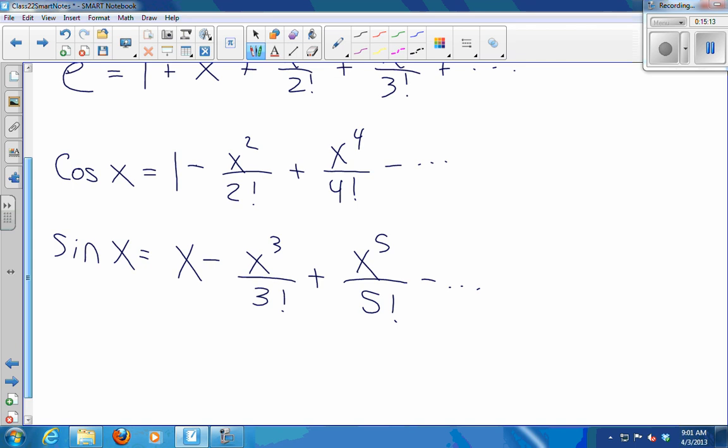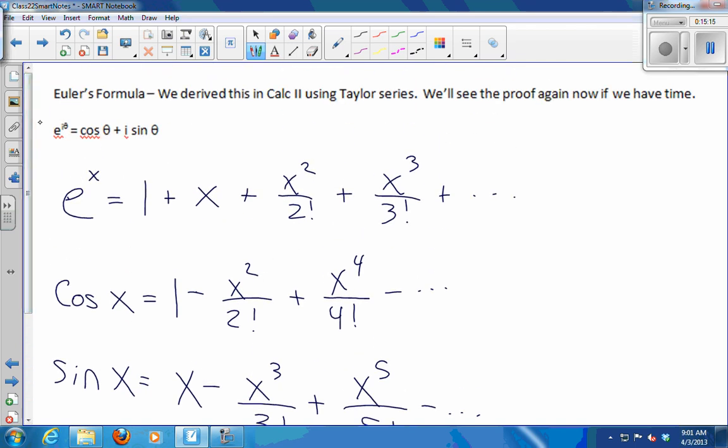So if you replace x in this formula with i theta, because we're doing e to the i theta here, you're going to get a new series with i's and thetas in it instead of x's. And then for this one, you're going to replace x with a theta.